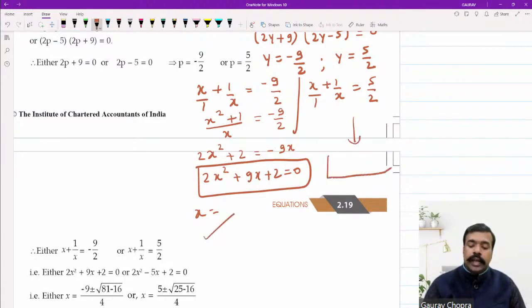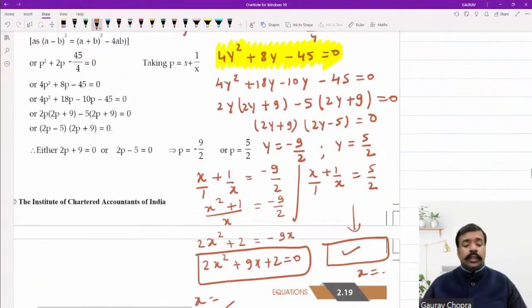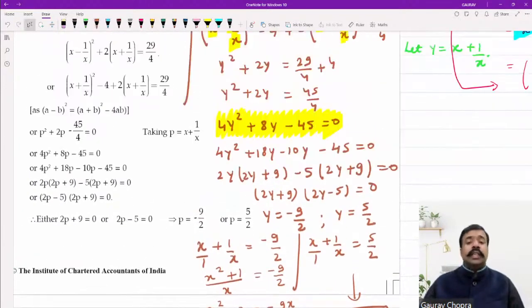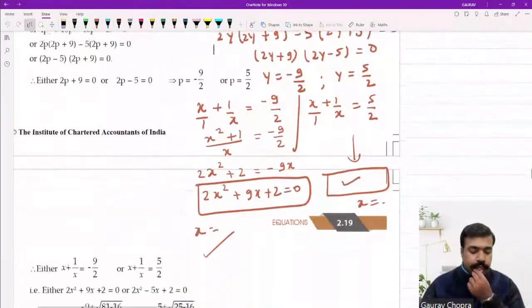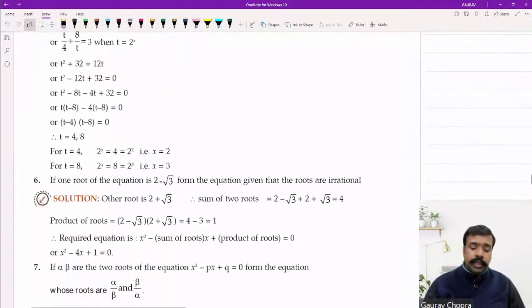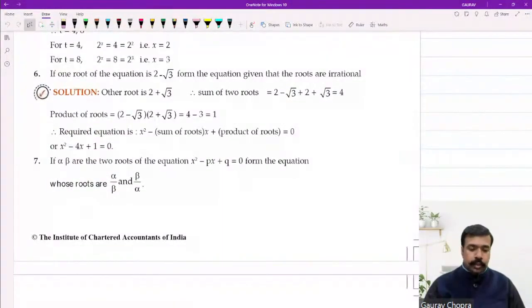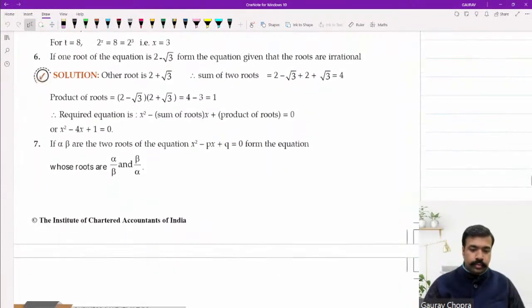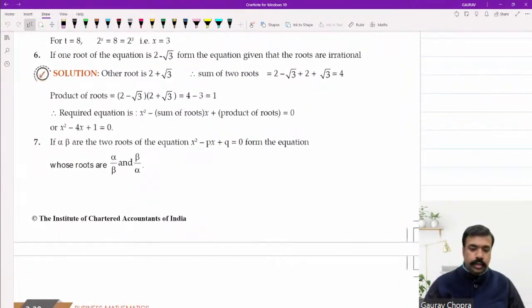Similarly, from the other side also, we can solve the equation and get the result of x. So in this question, the main thing was the initial part that we have discussed in detail. Now, the fifth one is a similar kind of question. This you can try. Okay, now the next one.